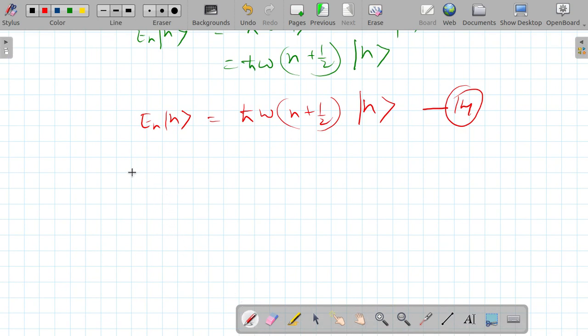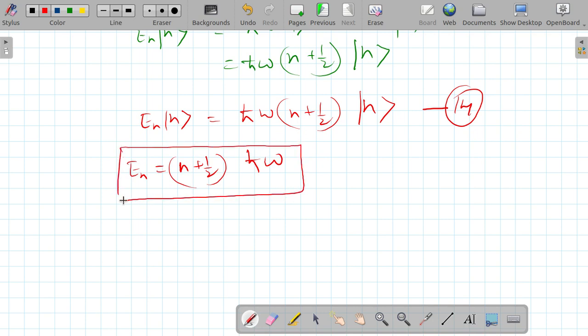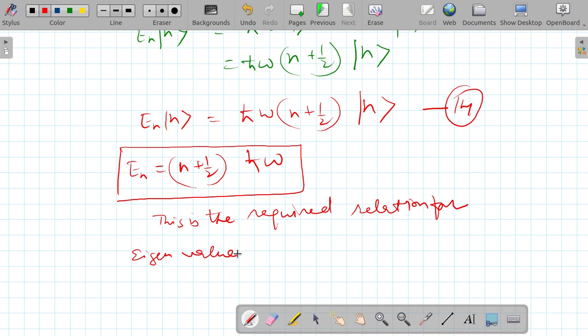So using this, the eigenvalue of energy can be written as n plus 1 by 2 h cross omega. So this is the required relation for eigenvalue of energy of harmonic oscillator.